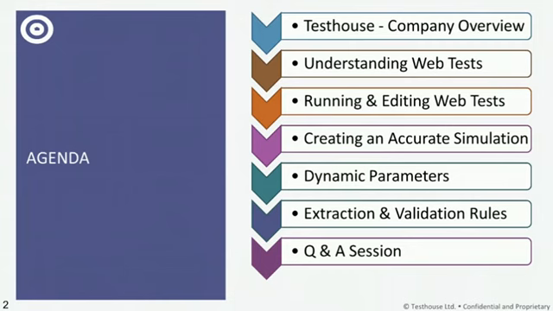Getting a little bit more technical, we'll be talking about dynamic parameters, what they are and why they're important, and also discussing some rules as well, extraction rules and validation rules, to help you to tailor your test to make it do what you want to do and to make sure that the system is working properly. And as Mel mentioned, we'll finish with some Q&A.